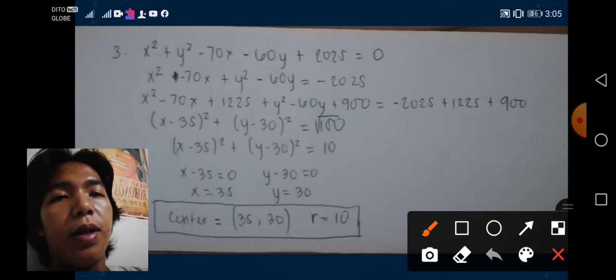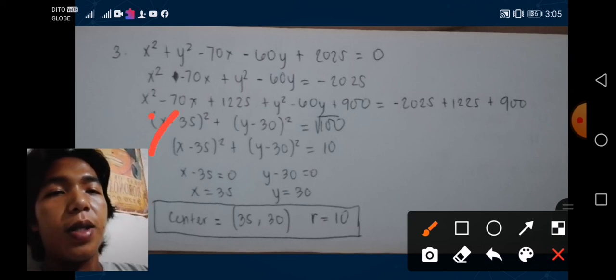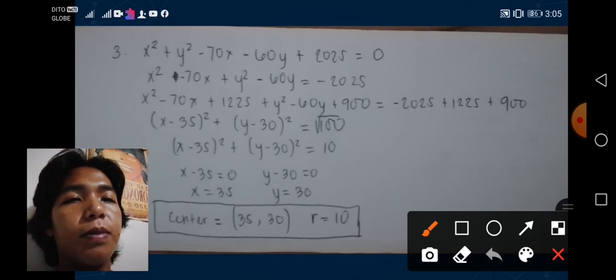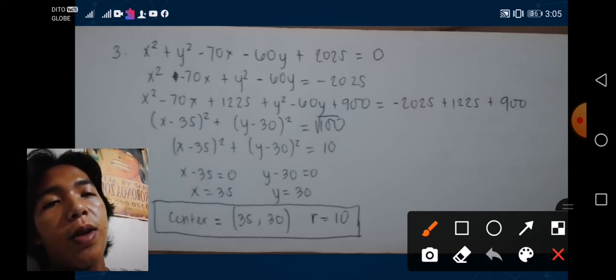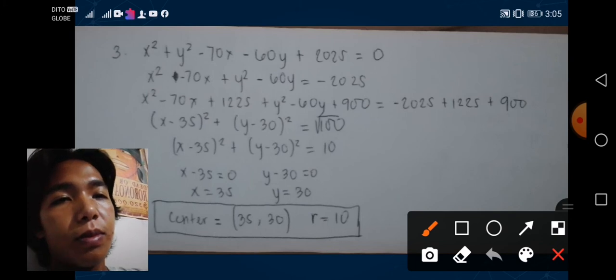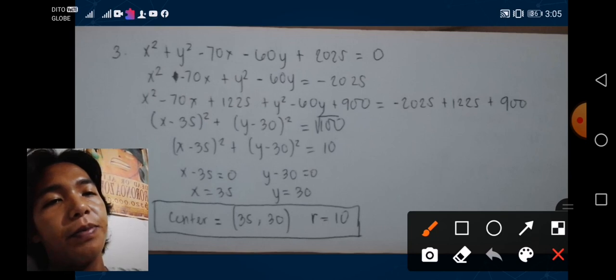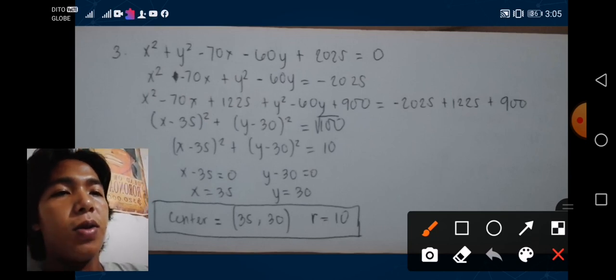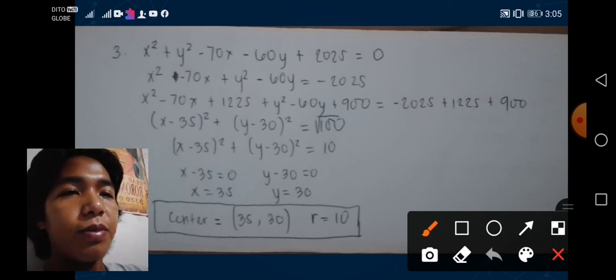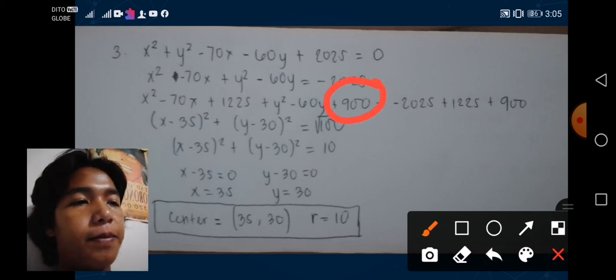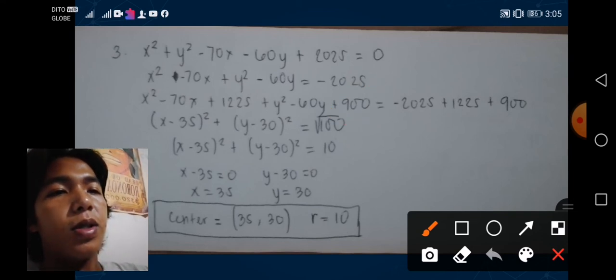We will take the square root of x squared, so we will have x, then the square root of 1225 is 35. Just like y, the square root of y squared gives y minus 30 squared. So how do we get the 30? Square root of 900. Then equals 100.